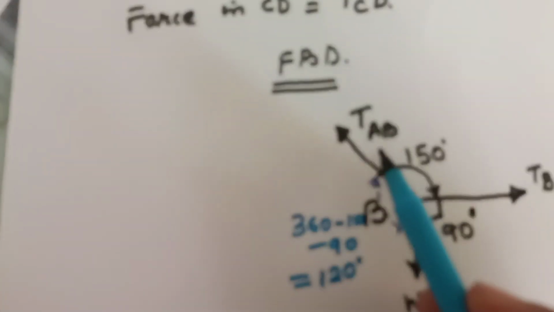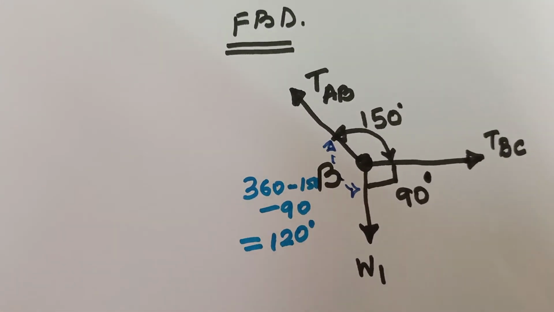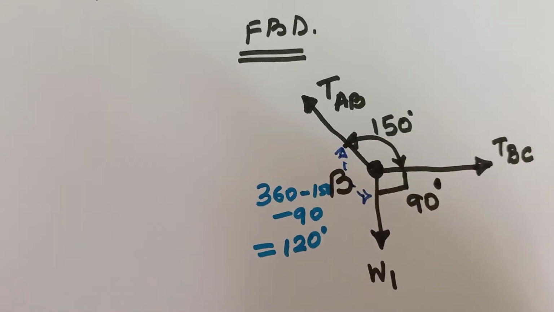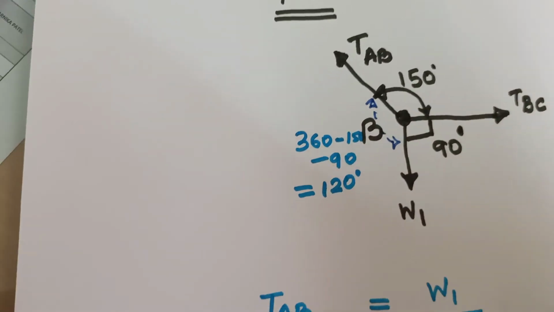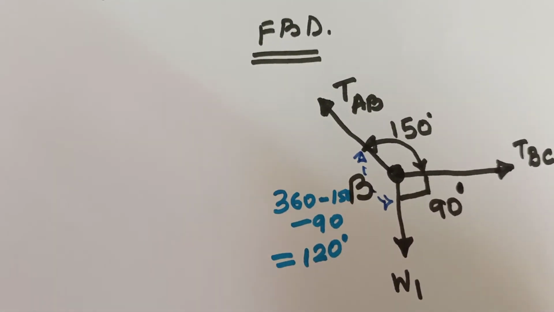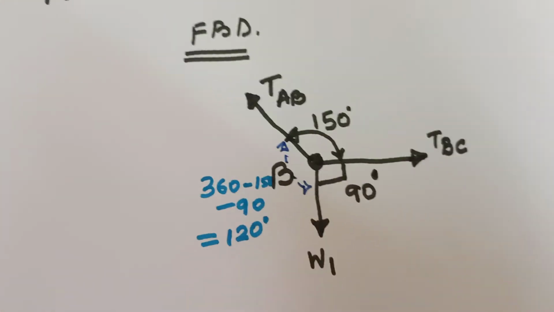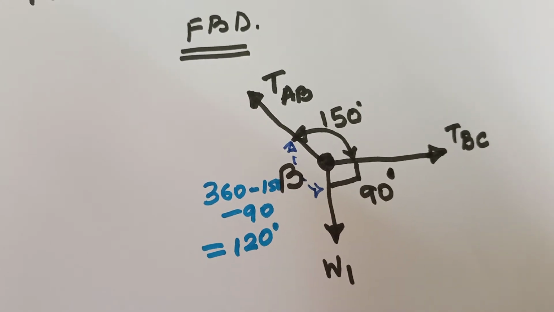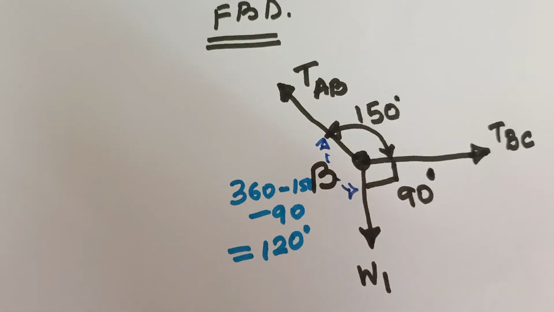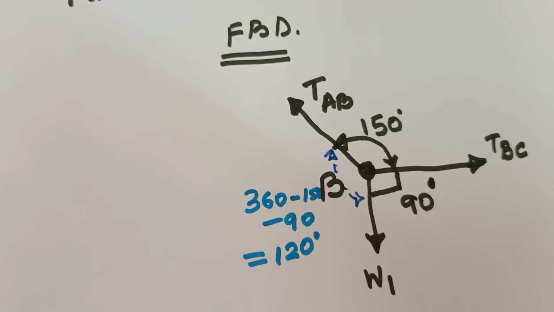So if I take TAB, the other two forces are BC and W1, and the angle is 90, so TAB upon sine 90 is equal to W1 upon sine 150, where the other two forces are AB and BC, that is equal to TBC upon sine of 120, the angle included by AB and W1.